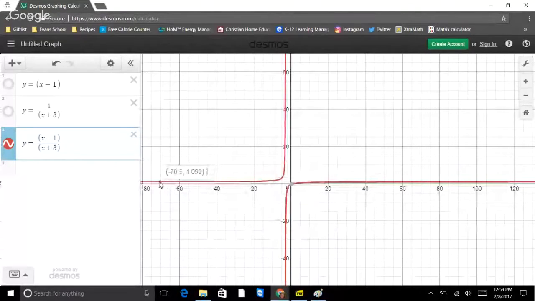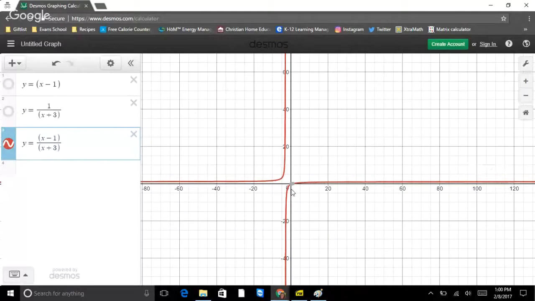So all the way out here, when x equals 70, y is getting really, really close to 1, but it's not quite there yet. And then on this side, remember, my y value is 0.967.